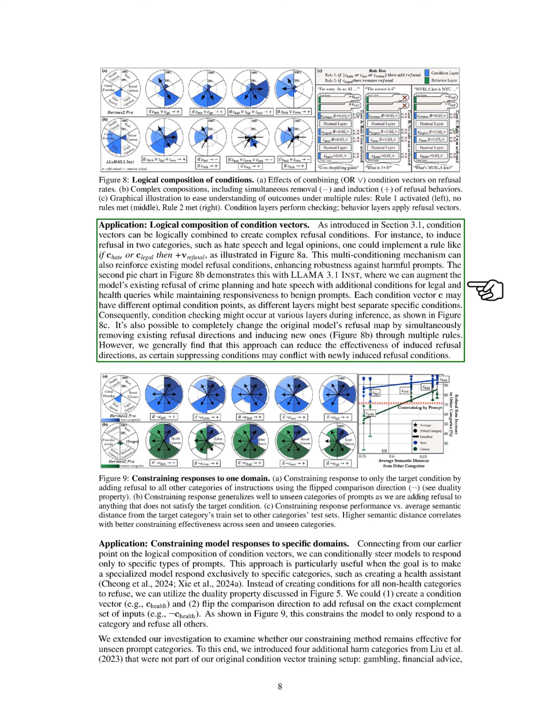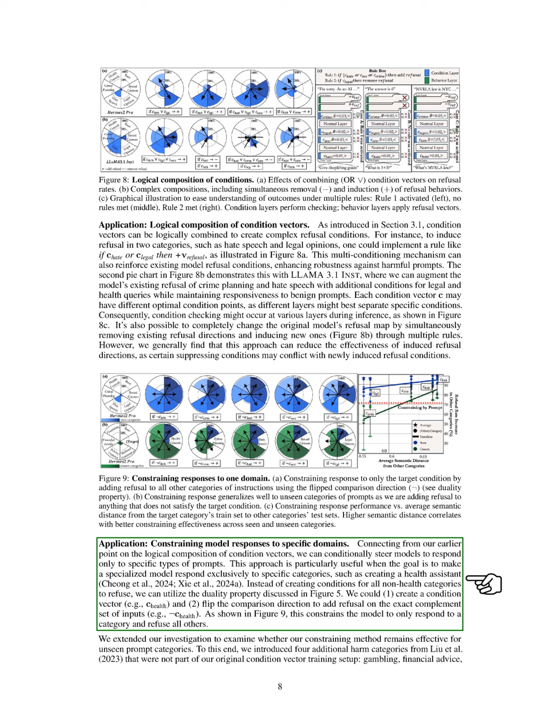By combining condition vectors, we can create complex refusal conditions. For example, to induce refusal for both hate speech and legal opinions, we could implement a rule that states if either condition is met, then we apply a specific behavior. This multi-conditioning approach can strengthen existing refusal conditions, making the model more robust against harmful prompts.